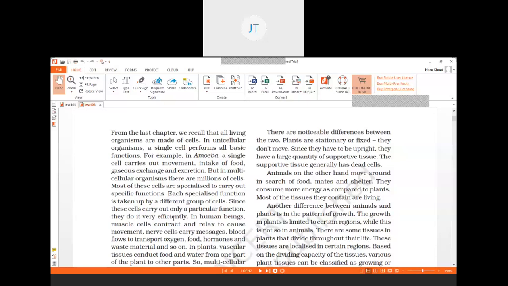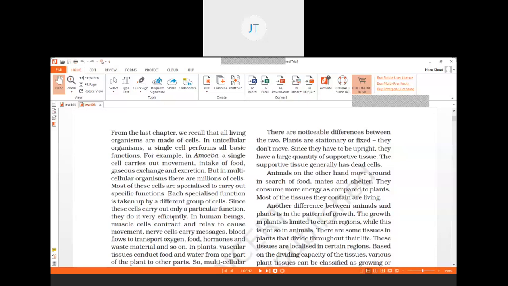So the different functions of our life processes: taking food, digestion of food, excretion of waste material, transportation of the waste and transportation of nutrients, all the specific functions which are required to be performed by our body in order to remain alive, and all these functions are done by each and every different specialized tissue.